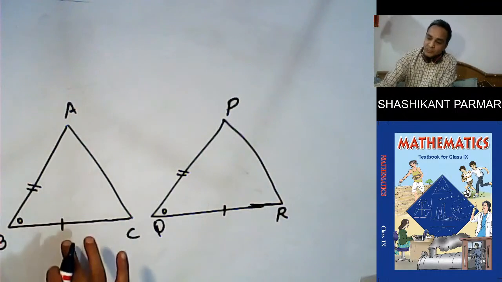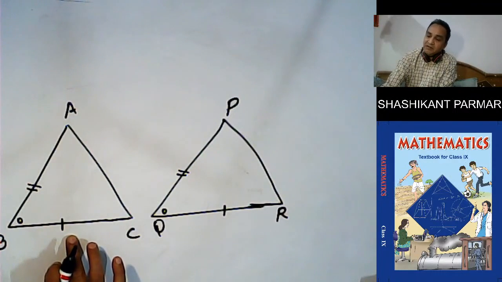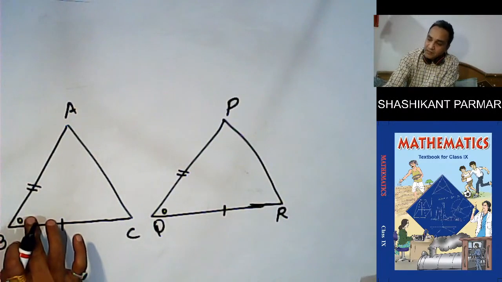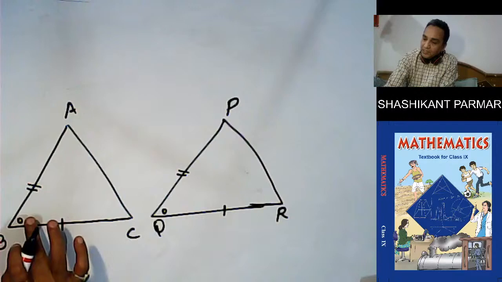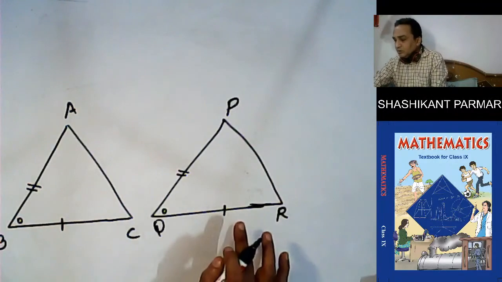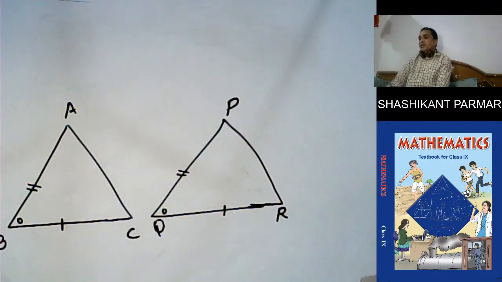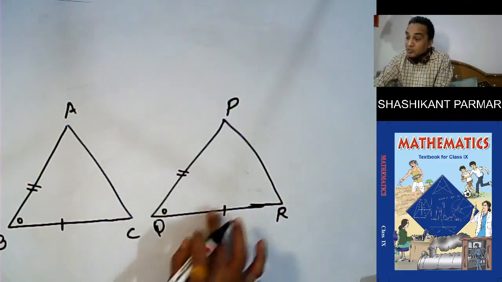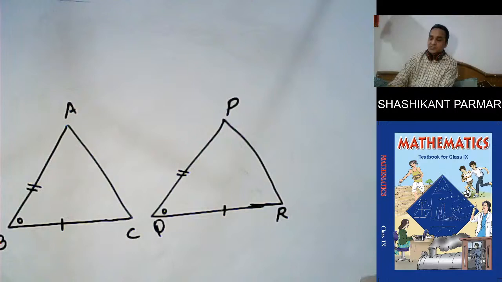So two sides of one triangle and included angle are the same as corresponding parts of another triangle.